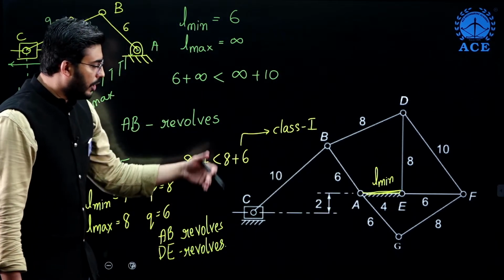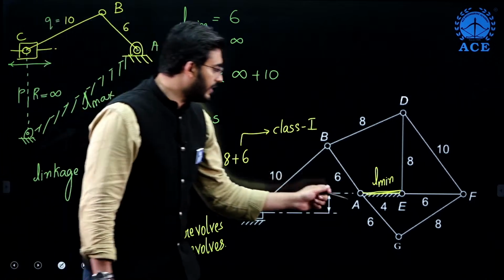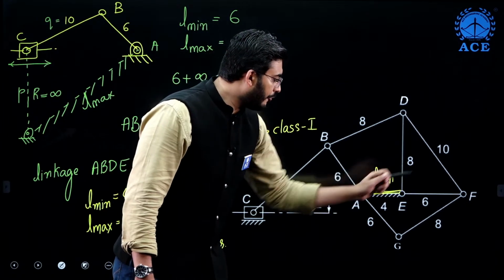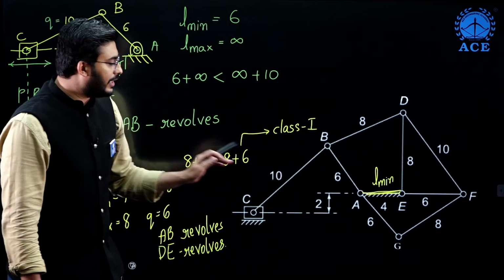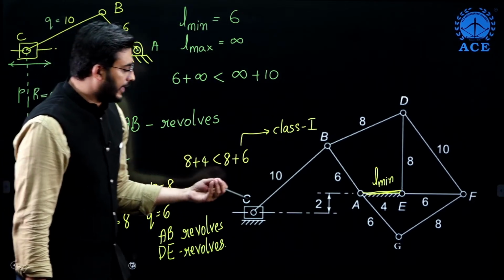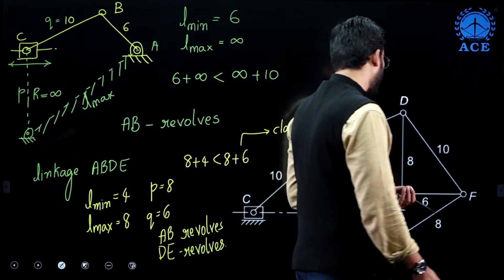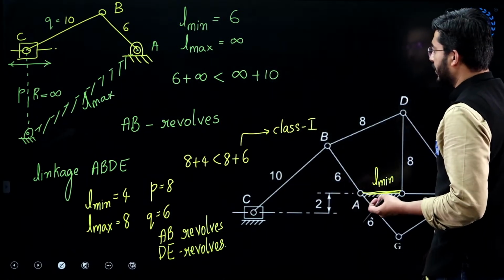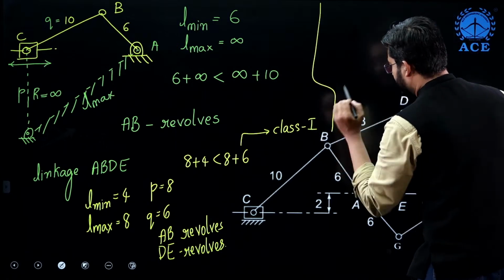Now, the next linkage we have is A, E, F and G. In that linkage also we are required to apply the Grashof's law and check whether we are getting the same answer or not. So, let me do it on this side.